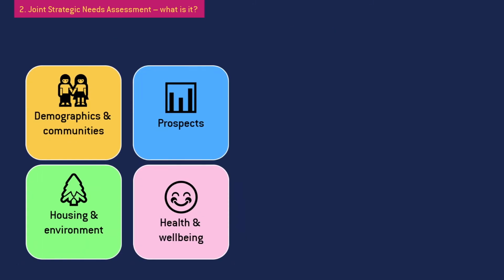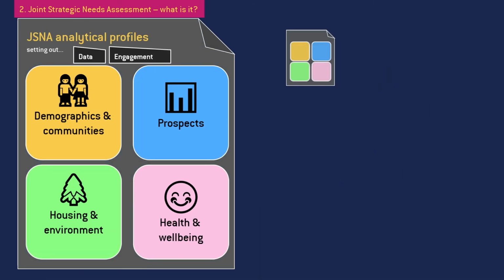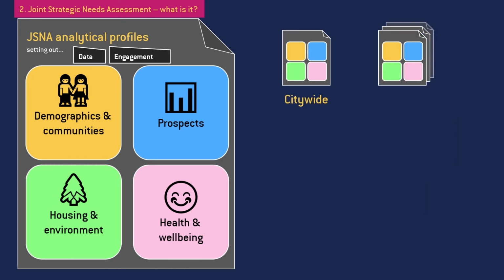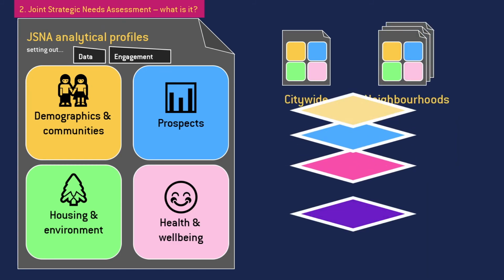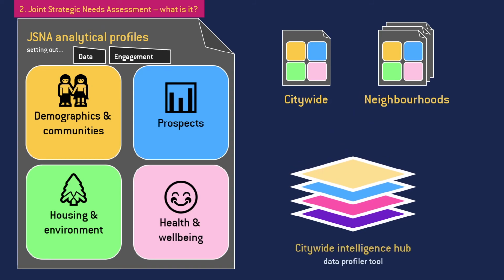We've used that template for the citywide profile. We're using it for the place-based neighbourhood profiles, and the same structure about demographics, prospects, housing and environment, and health and wellbeing also sits inside the Citywide Intelligence Hub.